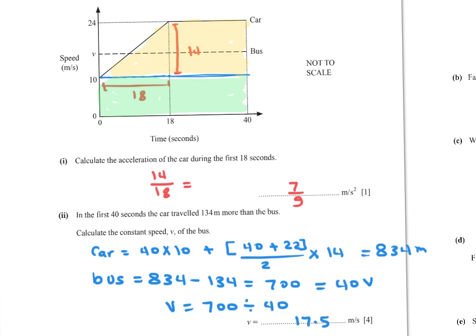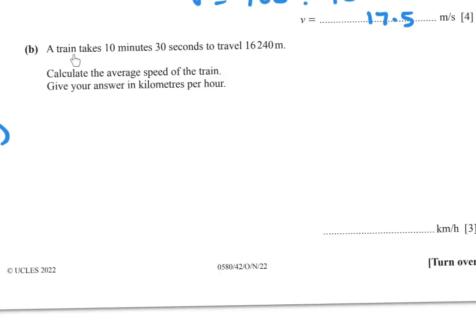700 divided by 40 equals 17.5. B. A train takes 10 minutes 30 seconds to travel 16,240 meters. Calculate the average speed of the train. Give your answer in kilometers per hour. So the average speed equals total distance over total time. Distance 16,240 meters.